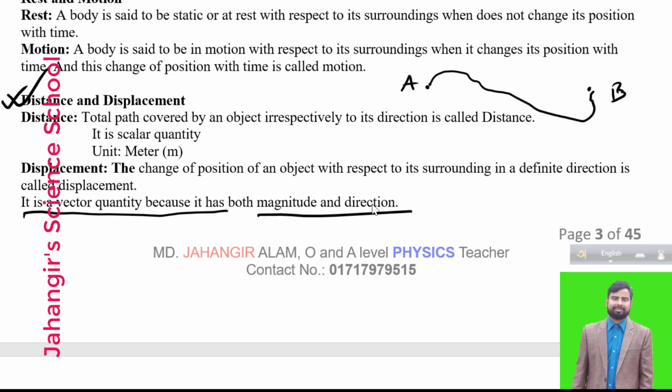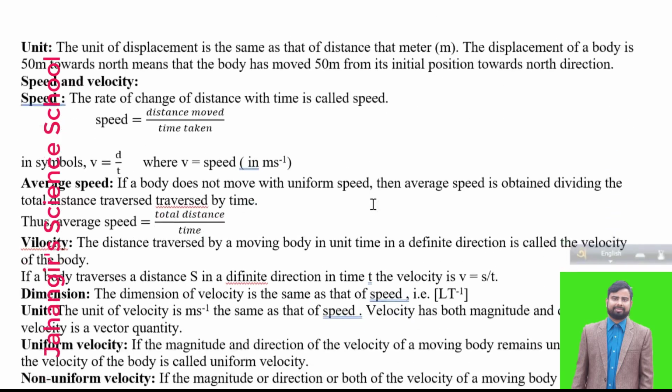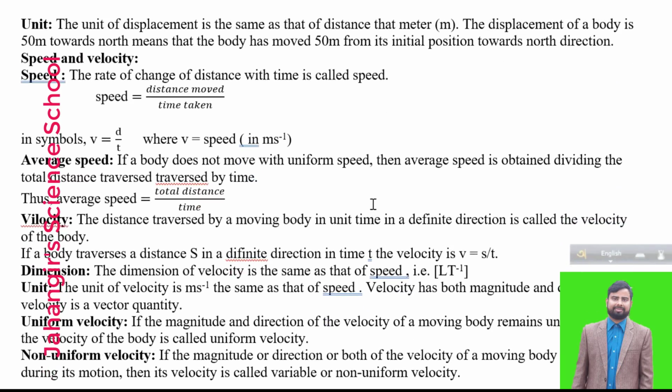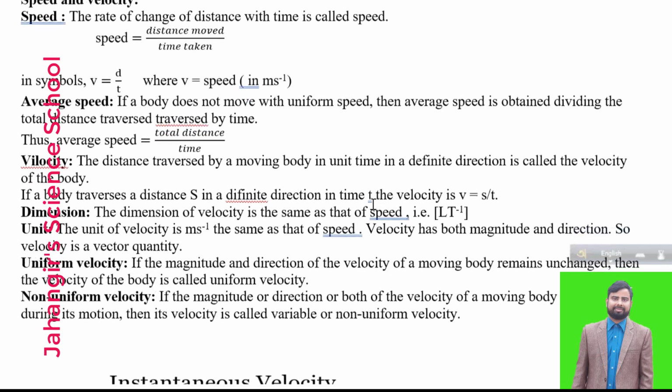Displacement is the shortest path between two points. The unit of displacement and distance is the same, the meter, but displacement has a particular direction.